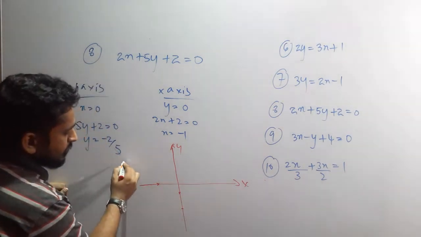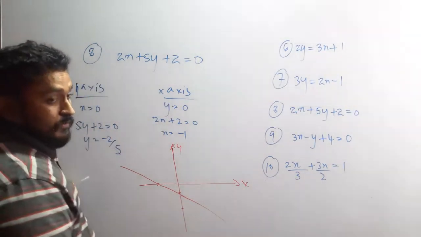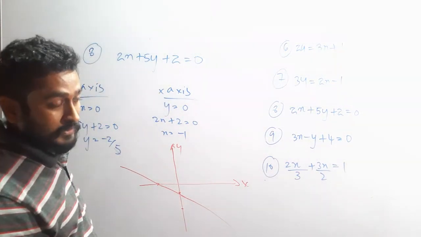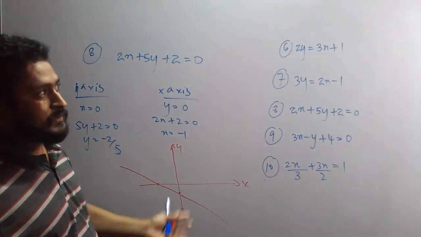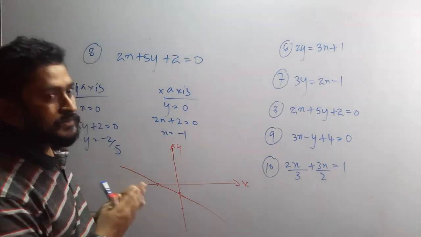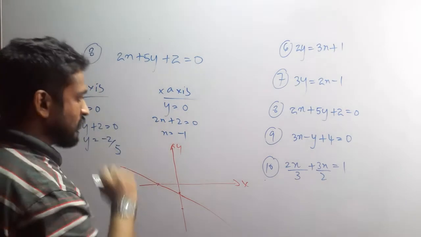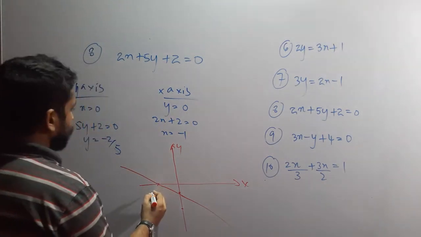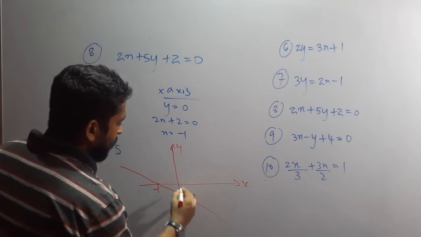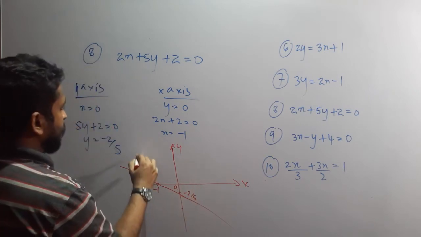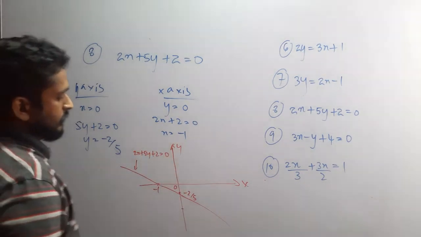This is a rough sketch, but we are being fair, for our own goodness, because when we need to compare two graphs in the next question, we need this comparison. The importance of the unit will be seen by you sooner. So this is minus 1 and this is minus 2 by 5 and this is the origin. And name the graph 2x plus 5y plus 2 equals 0.